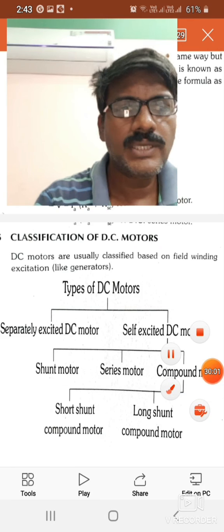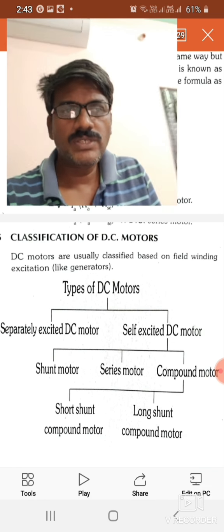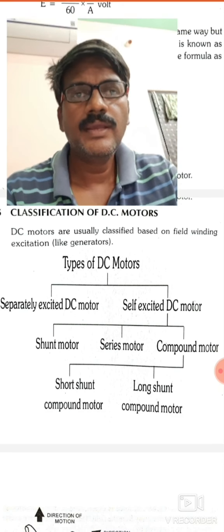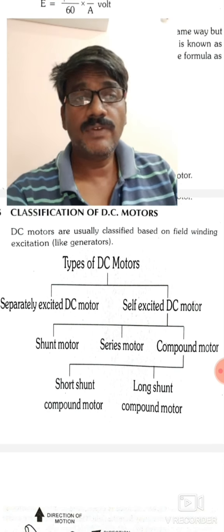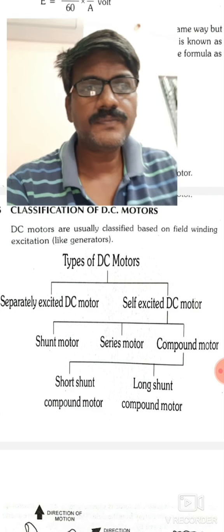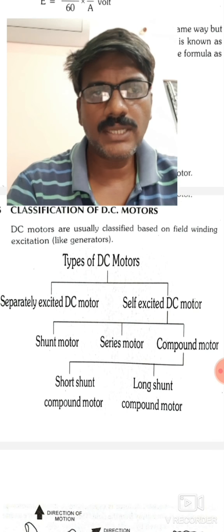And next, last and most important one is the classification of DC motors. DC motors are usually classified based on the field winding. That is, DC motors are classified into separately excited DC motor and self-excited DC motor. Again, self-excited DC motors are of types shunt, series, and compound.